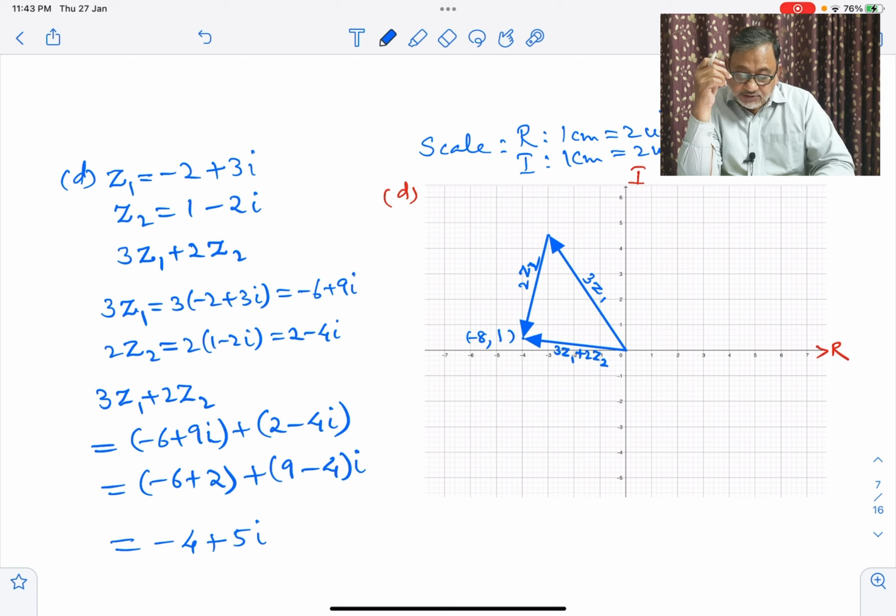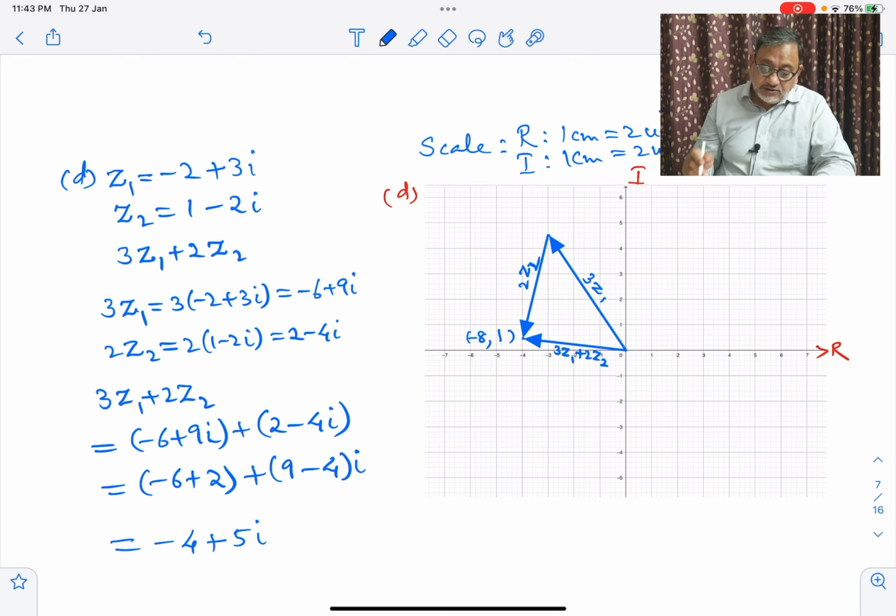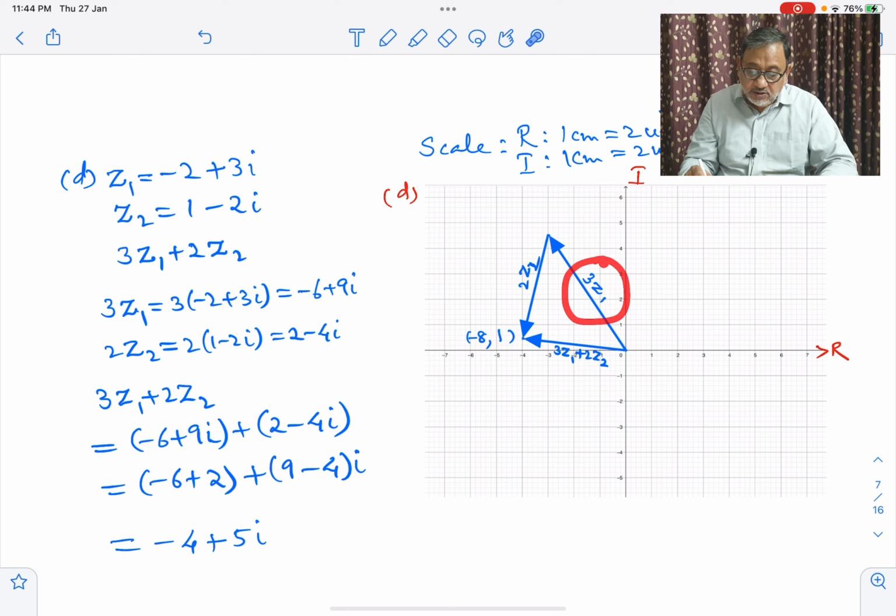My first complex number 3z1 is minus 6 plus 9. Minus 6 plus 9 is here. Minus 6 plus 9 is this one, this position. Now I have to add into it 2 in the right direction, isn't it? By mistake I took 2 in the left direction, so no problem.